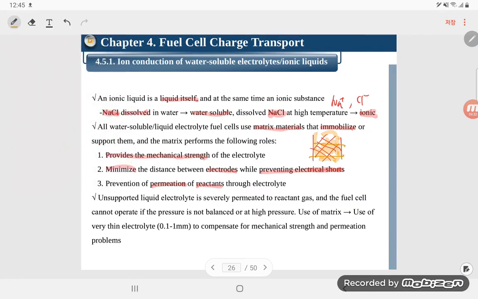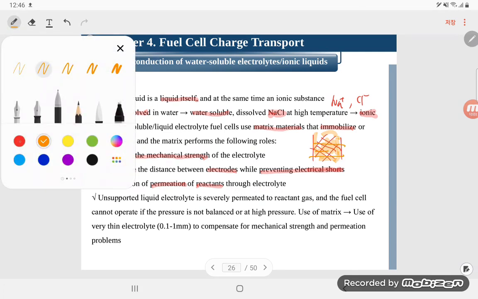If there is a vacancy in here, then the gas can penetrate from the anode to the cathode. If there is an unsupported liquid electrolyte, then it is severely permeated by the reactant gas, and the fuel cell cannot operate if the pressure is not balanced or at high temperature.